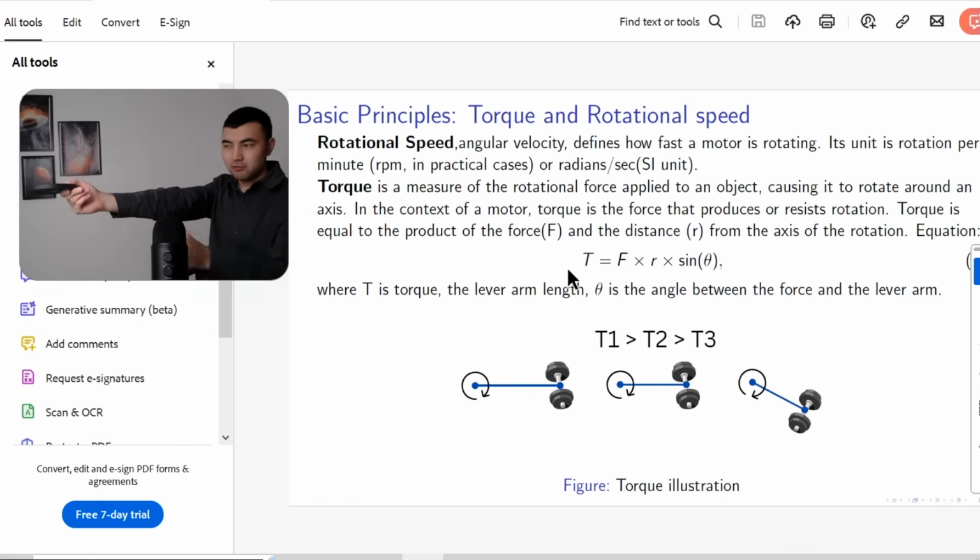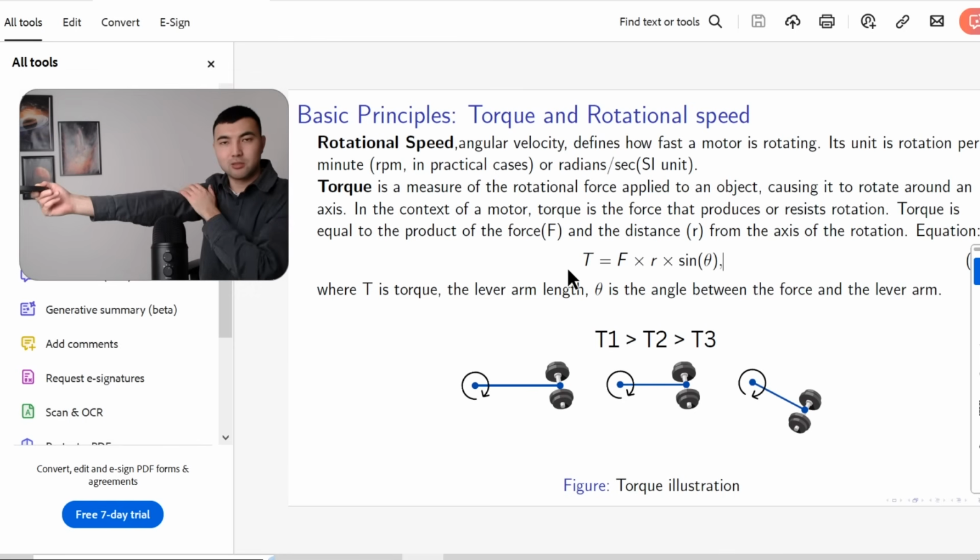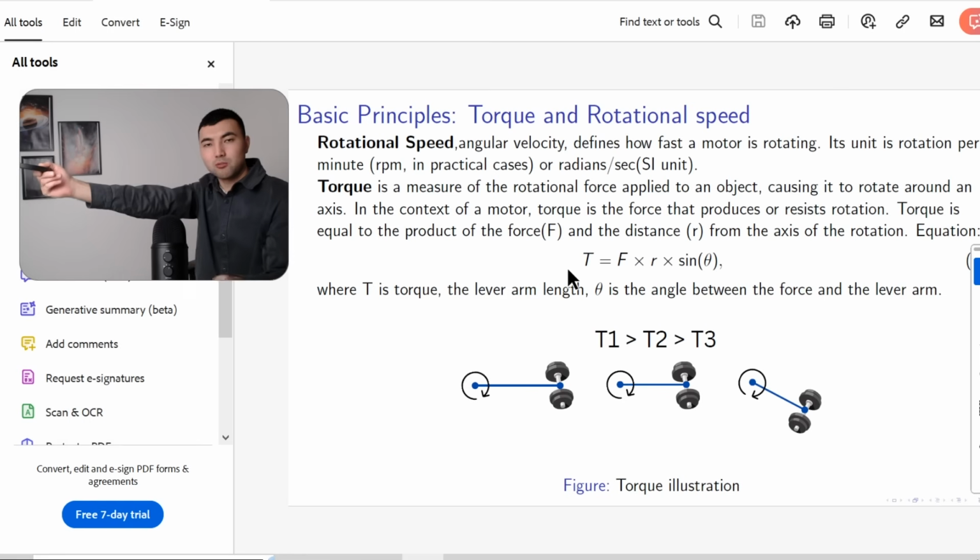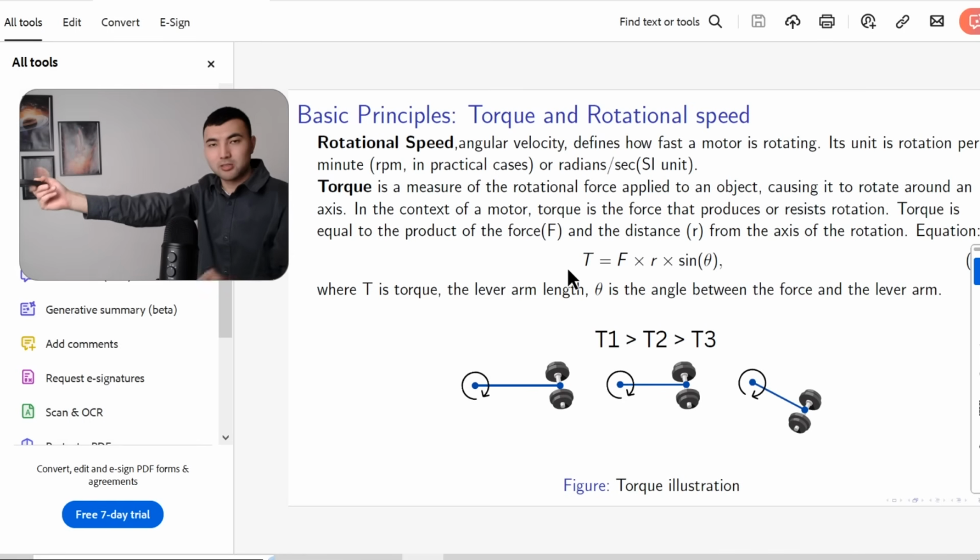Due to gravity, this mass will create some torque to rotate my hand. So what I have to do is stretch my muscles to keep it upright. So my muscles will generate resisting torque to keep this object in this position.